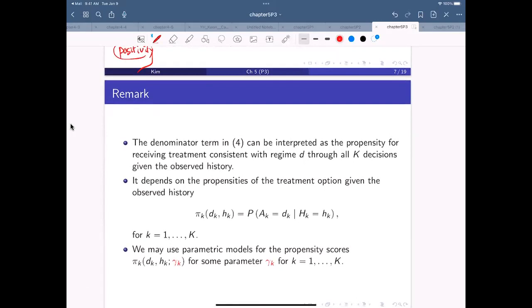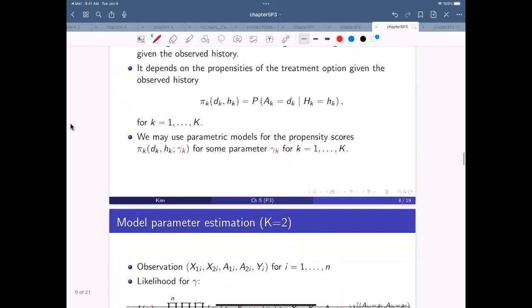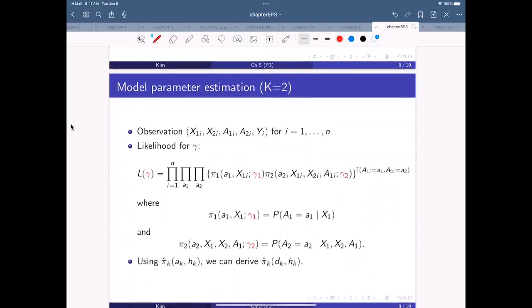Now, in order to estimate this propensity score function, we need a model. So how to do that? Well, we use the data I have to construct a multinomial type distribution.